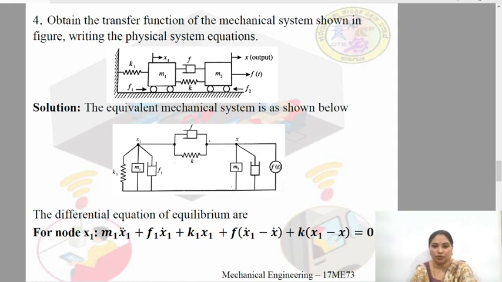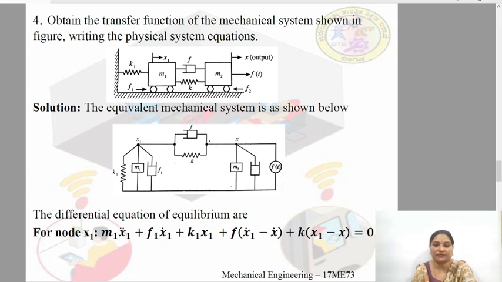Mass m2 is fixed to mass m1 by means of a spring k, and here there is another extra element called a damper. The damper here is called f. The mass m2 is under the displacement of x at the output side.